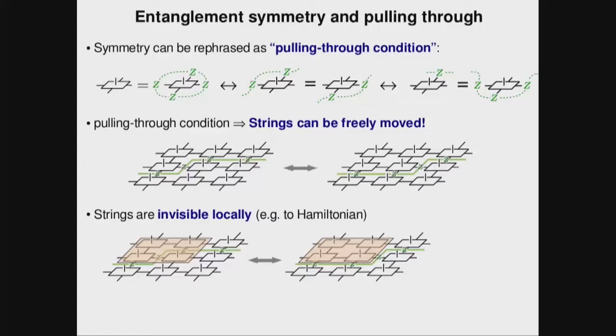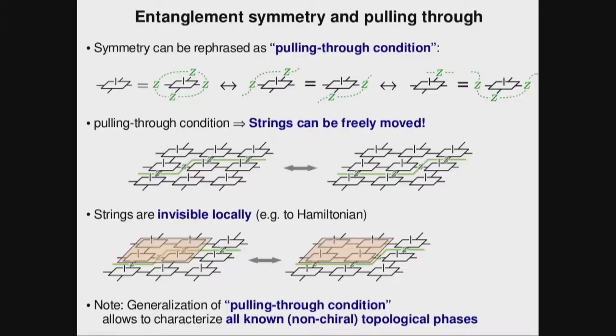Now, when this guy acts somewhere where there's no string, it's certainly happy. Now, it could act somewhere where the string is running, but because the string can be smoothly moved through the lattice, we can just take the string and move it away, say move it at the bottom. We can move it around this Hamiltonian here, and it will describe exactly the same state. So this tells us the state actually looks completely fine everywhere, right? Despite having the string, the state actually looks completely fine everywhere, so it actually is a ground state of our parent Hamiltonian.